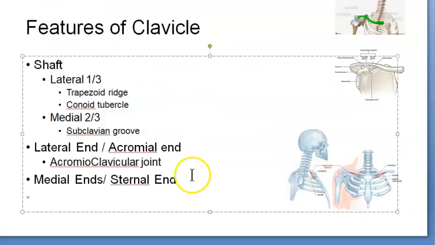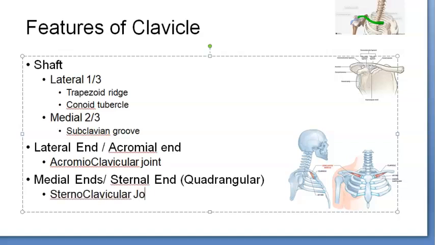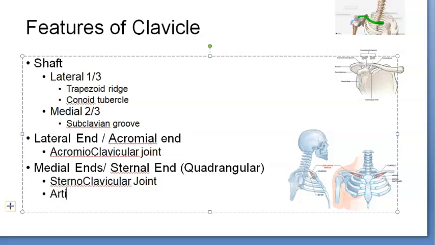So it is what? It is quadrangular, right? And it is articulating with the manubrium sterni to form the sternoclavicular joint, and it also articulates inferiorly.